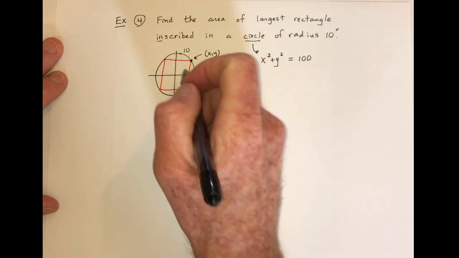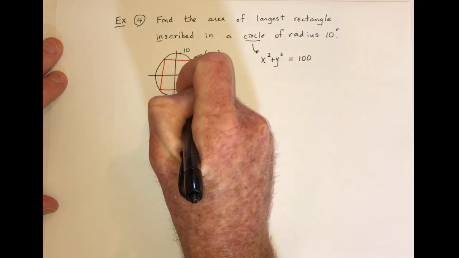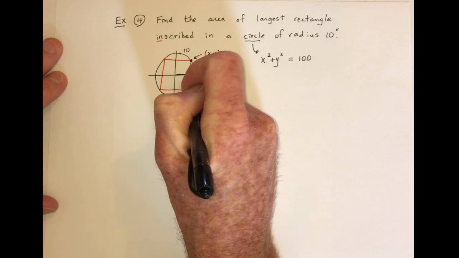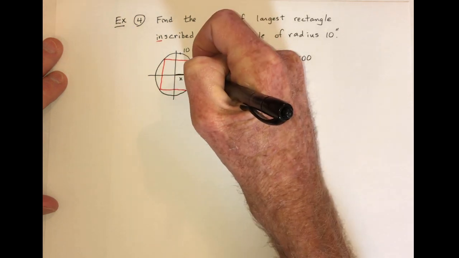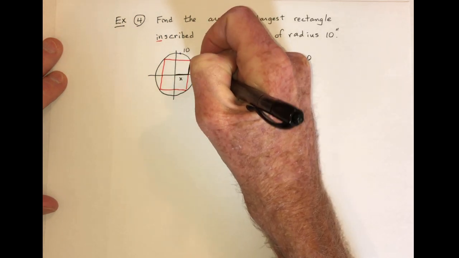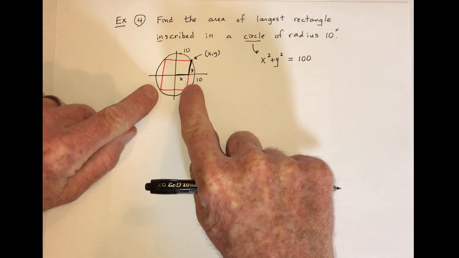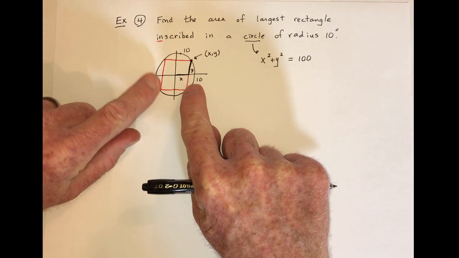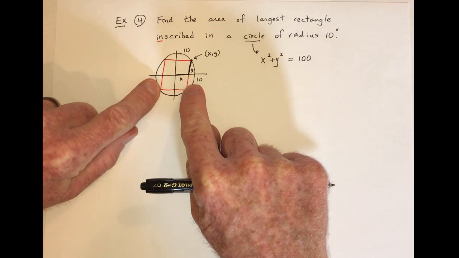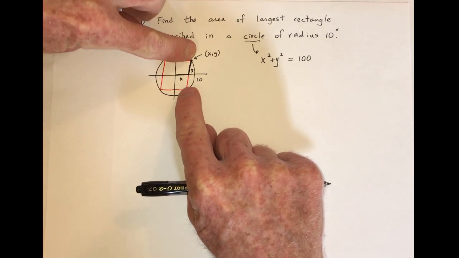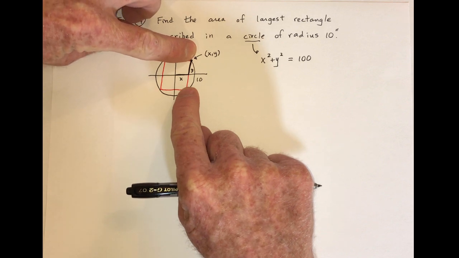If that's x, y, that means going from here to here, that's x, and going from here to here, that's y. That means that the total width of the base of the rectangle is going to be 2x, and then the height will be 2y.